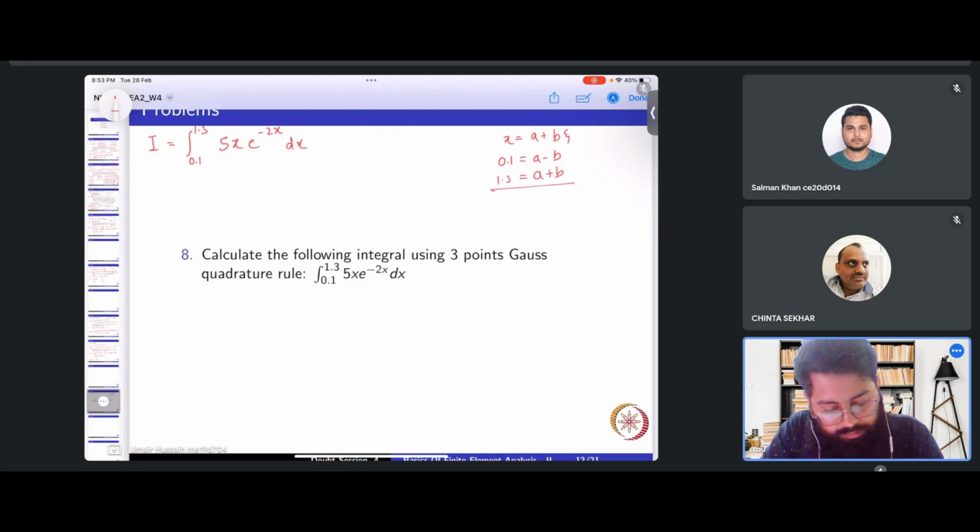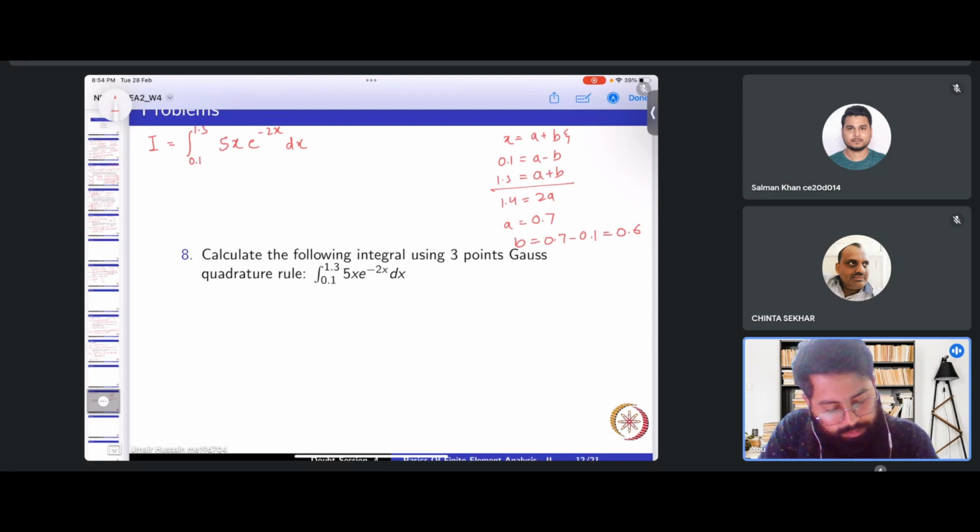We add them, and we get a equals 0.7, and we get b equals 0.6.